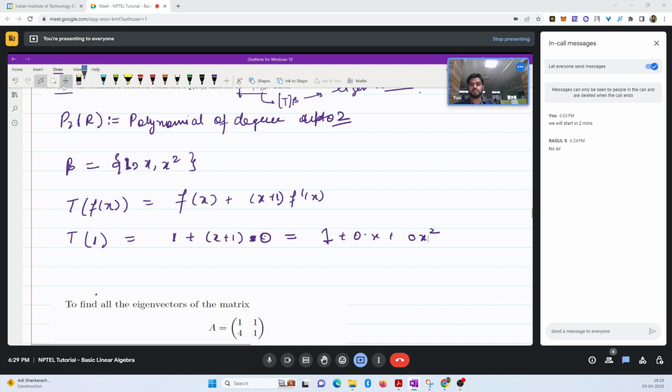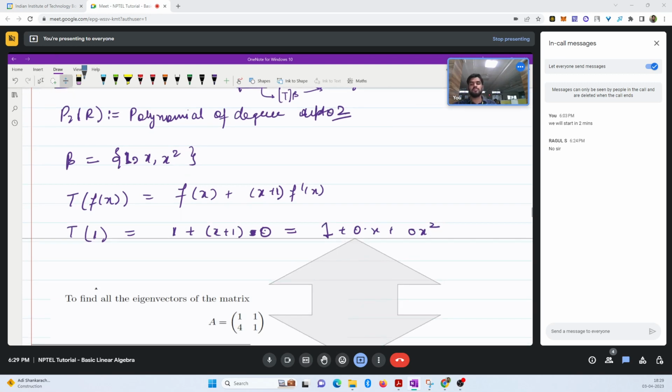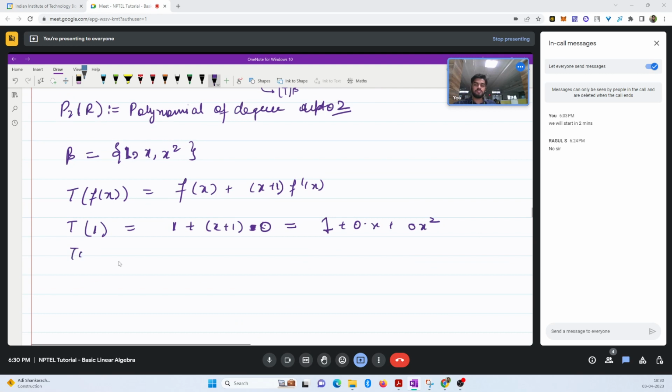Similarly, let's look at T of x. This is equal to x plus (x plus 1) into f dash of x, that is 1. Now this is equal to 1 plus 2x plus 0 times x square.